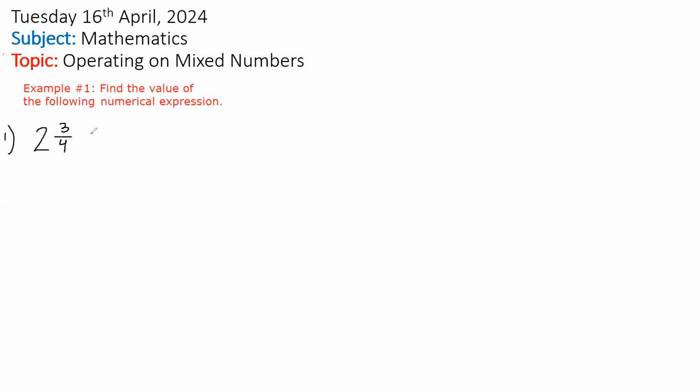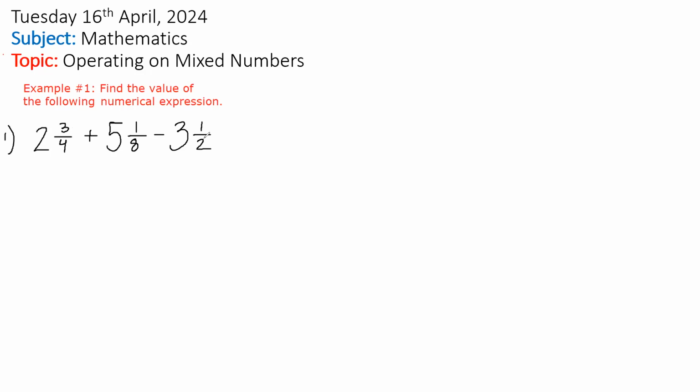And we want to add that to 5 and 1/8. I'm going to subtract that with 3 and 1/2. So again, we have 2 and 3/4 plus 5 and 1/8 minus 3 and 1/2.